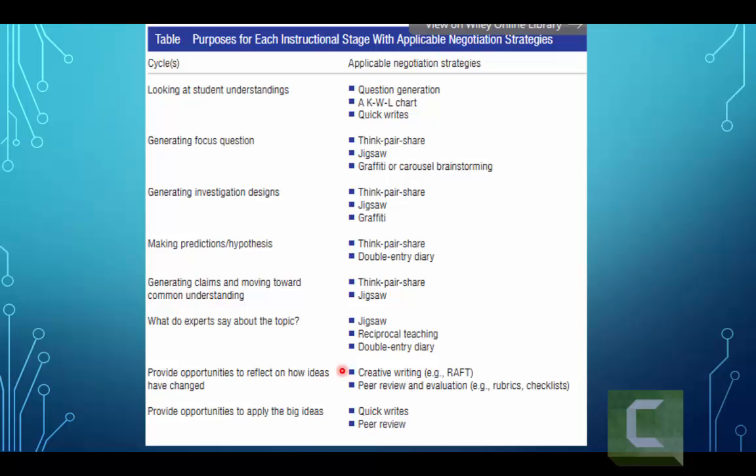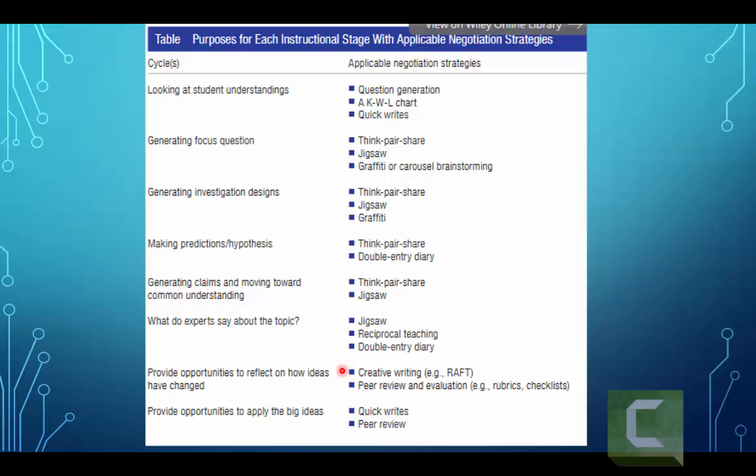One example of creative writing is the RAFT idea. And the RAFT technique is another acronym, and the R stands for the role of the student. The A stands for the audience. So who are they going to be presenting this to? The F stands for the format.